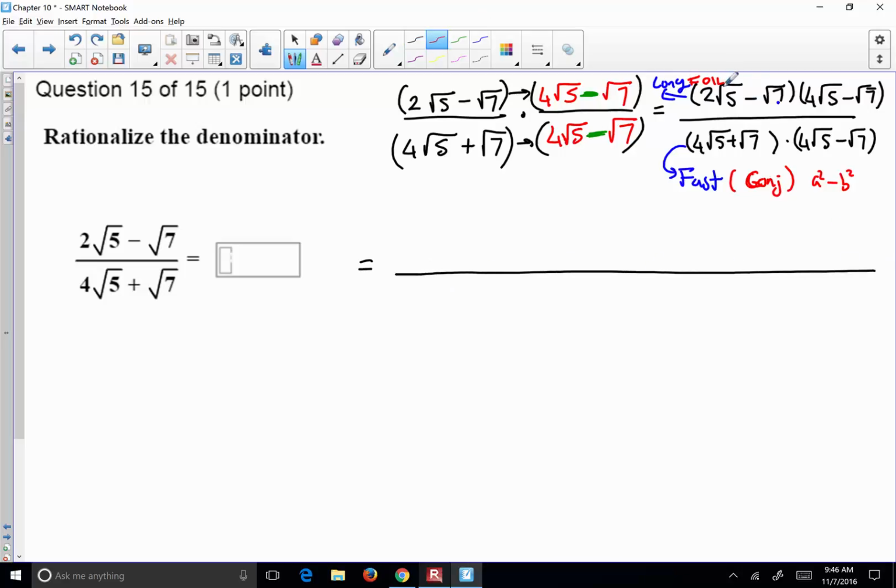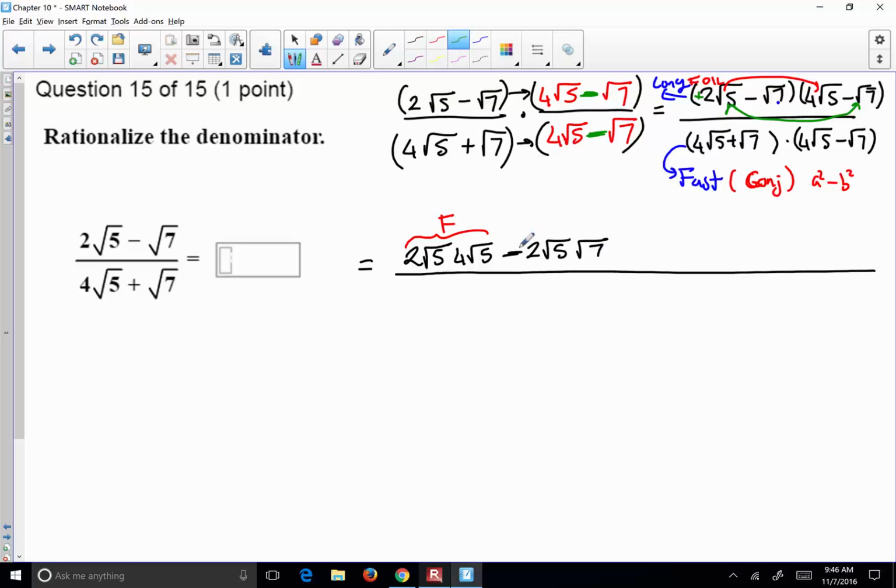So let's get the first terms. First terms is 2 root 5 and then 4 root 5. This is F, first terms. O. What is O? O as in outside terms. It's a minus because plus and minus makes a minus. 2 root 5 root 7.